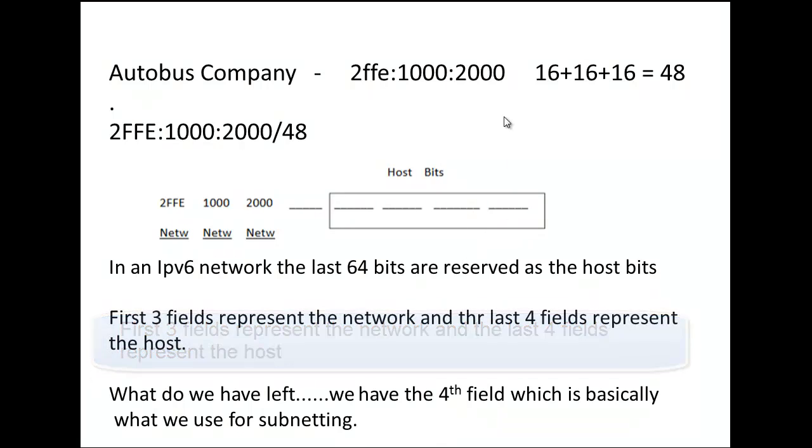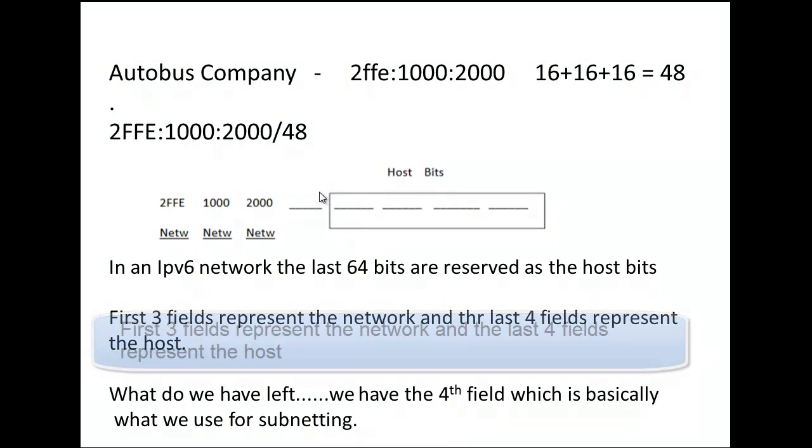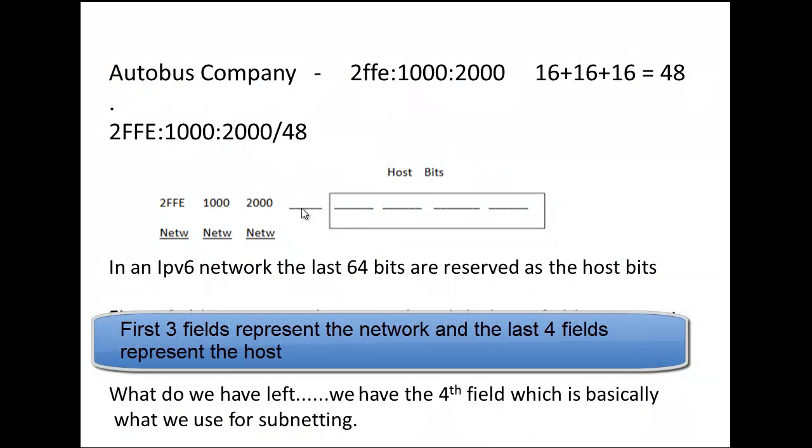Again, the first three fields represent the network. And then we have the fourth field, which is the field that we're going to use for subnetting. So let's take a look and see how we would subnet using the fourth field.